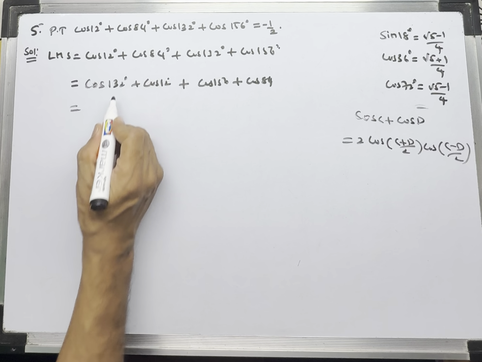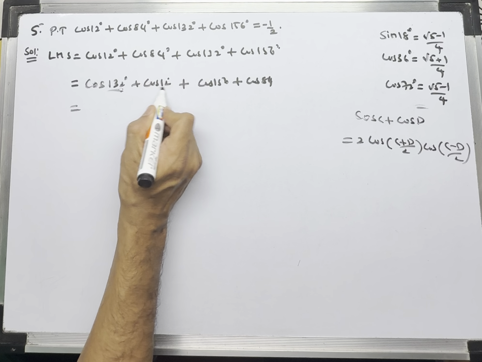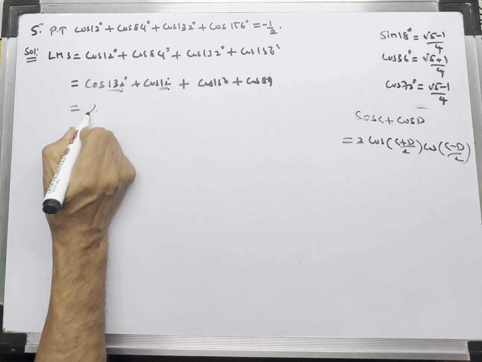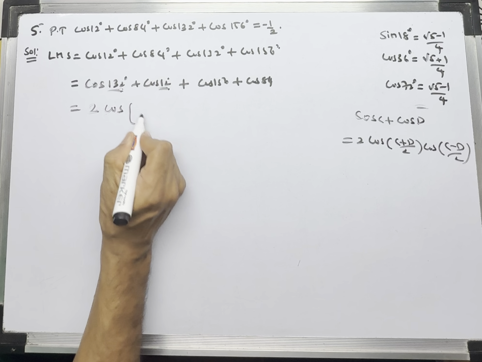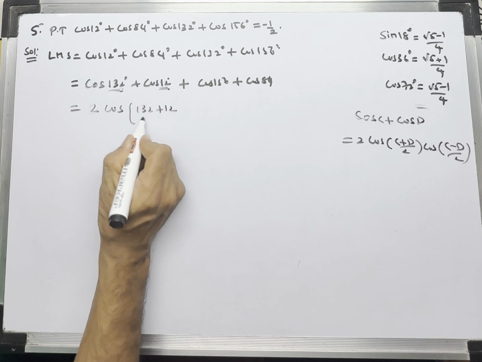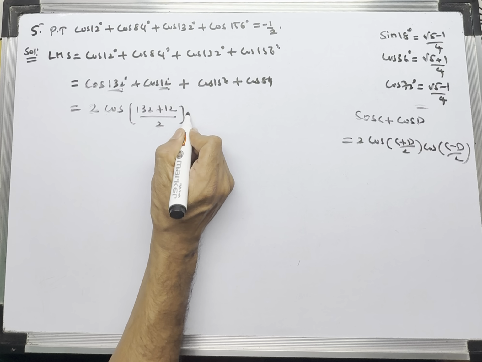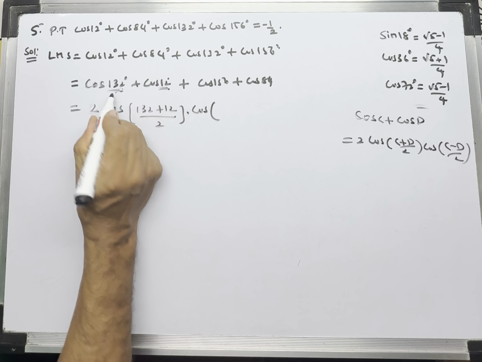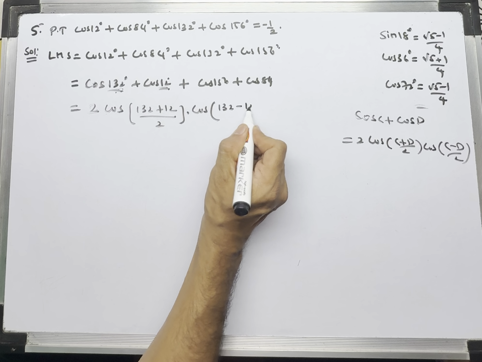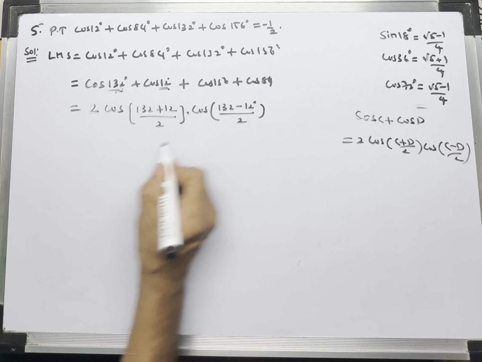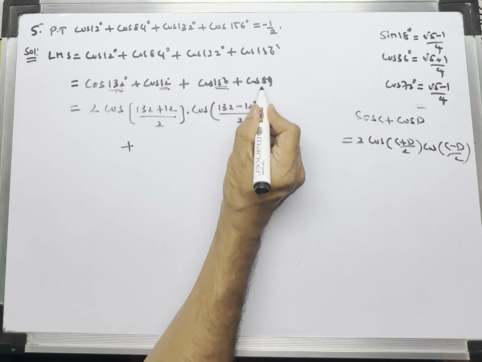What do you have to remember for this one? This is cos C, this is cos D. So the formula is 2 cos of C plus D divided by 2 into cos of C minus D divided by 2, and this is also C and D values.